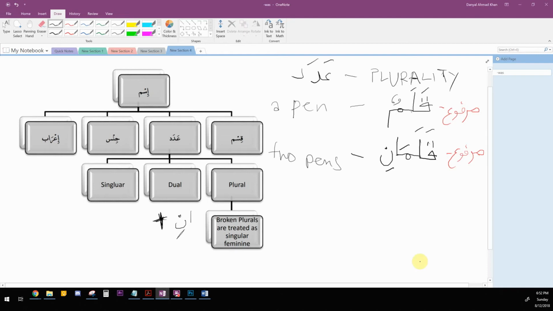What if you wanted to make qalaman dual? How would you make this dual? You don't add alif nun, you actually add ya and nun.